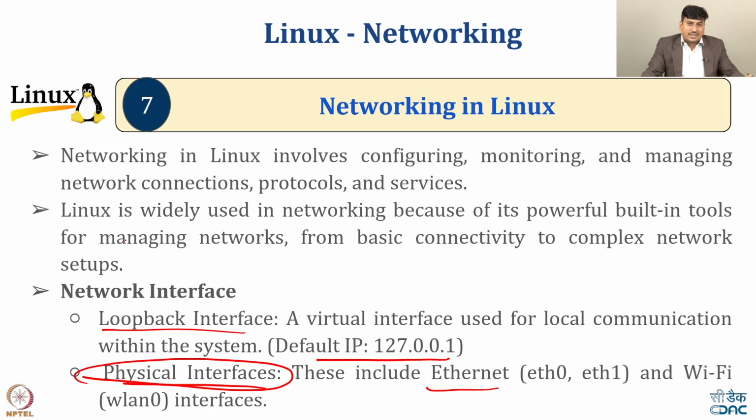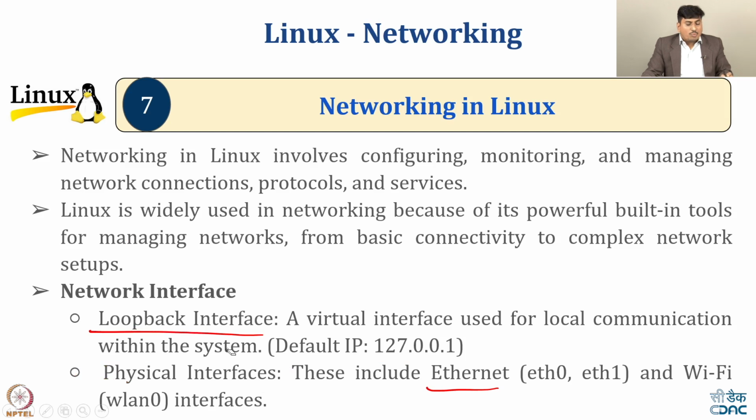While working with networking in Linux, it provides two kinds of interface. One is the loopback interface, a virtual interface used for local communication within the system. If one wants to interact with another system over the network, we can connect through Ethernet or Wi-Fi, and for those there is a physical interface with different physical IDs and IP addresses.